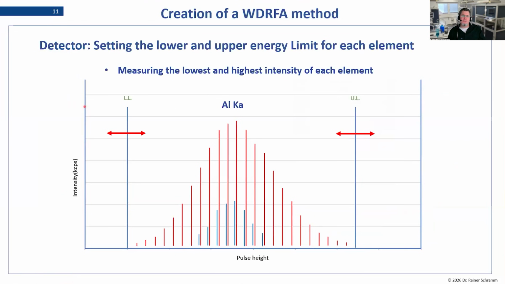The optimization here, what I mentioned before, this pulse height adjustment or pulse height distribution, is basically a threshold and a window, so a lower limit and an upper limit, and everything in between is summed up as your total signal.